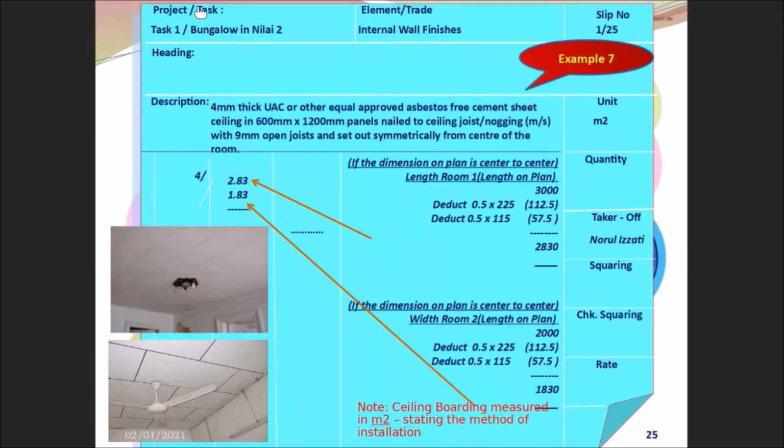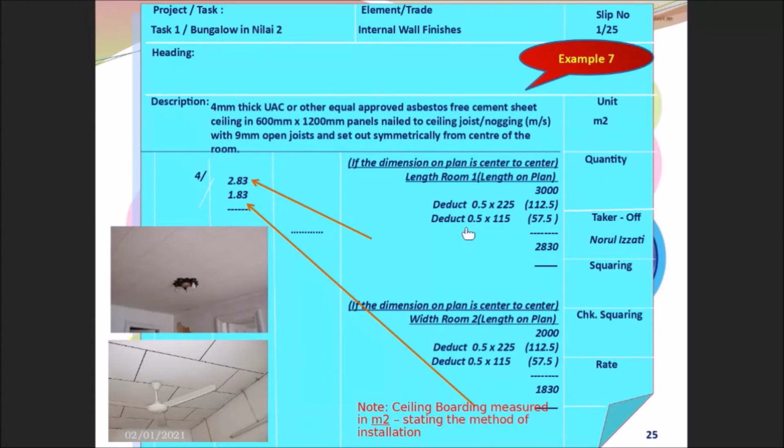So what you need to do, if I zoom in, how the installation is. This one having nail. Okay, so at the edge of this ceiling board, you have to nail. So in terms of the description, you have to state how the installation is. Nail at the ceiling joist and nogging.